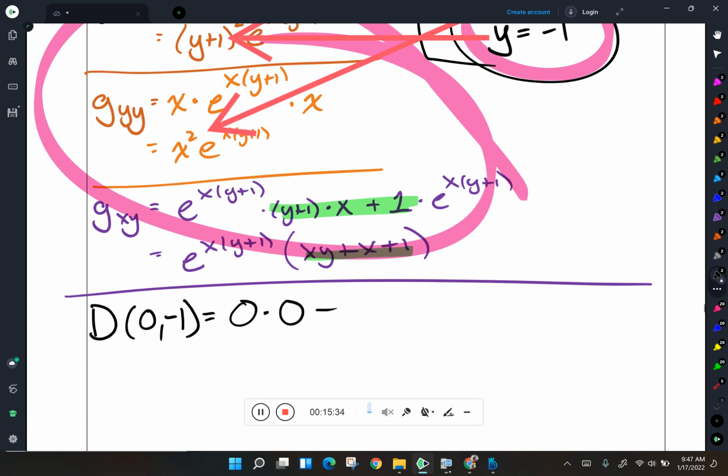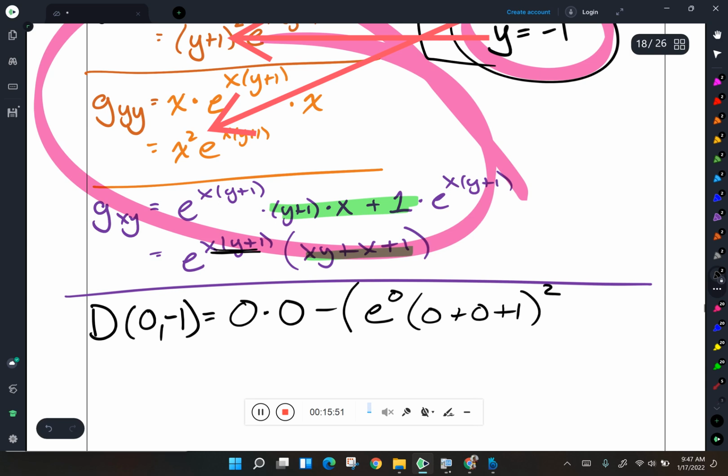Okay, well, I think I actually have to plug this one in because I don't see it simplifying. So it's going to be e to the 0, because it'll make that exponent 0, times 0 plus 0 plus 1 squared. e to the 0 is 1, times 1 is 1, squared is 1, so minus 1, so that's less than 0.